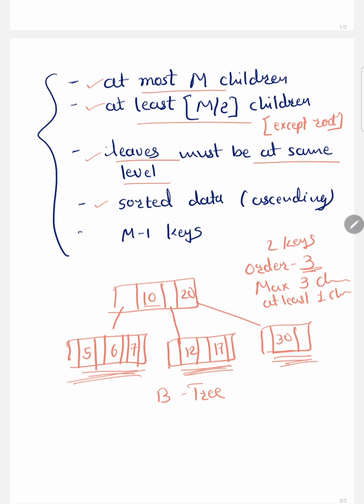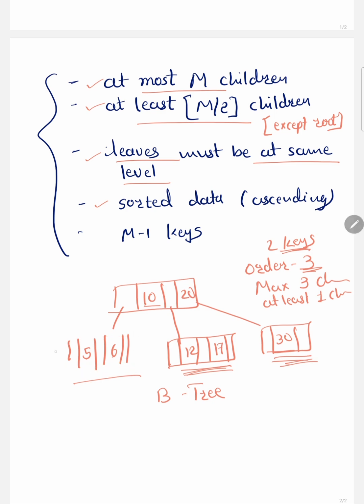Here it's 1, 2 and 3, but only 2 keys are allowed, so what you need to do is split it over here. How you can split it, I'll explain the insertion operation in the next video, step by step.